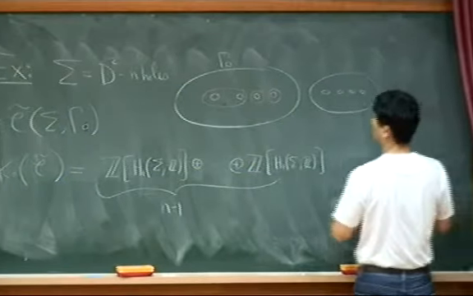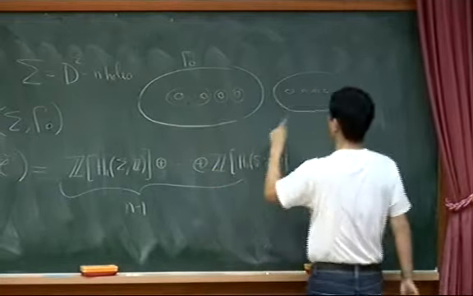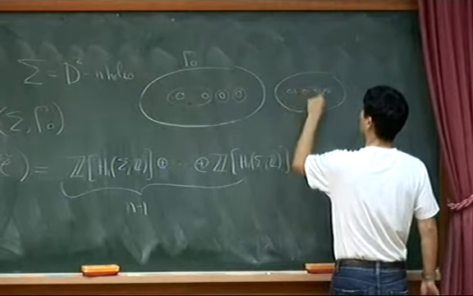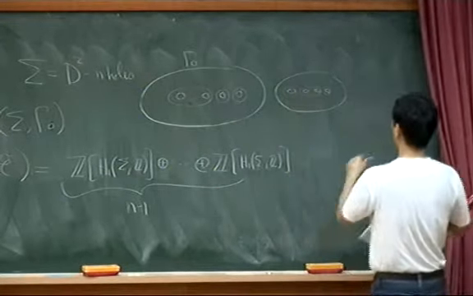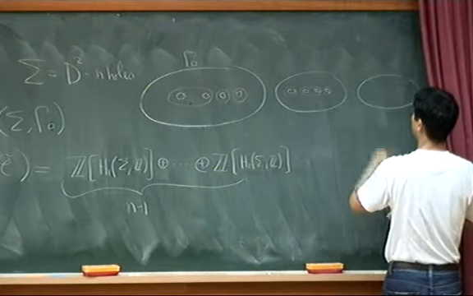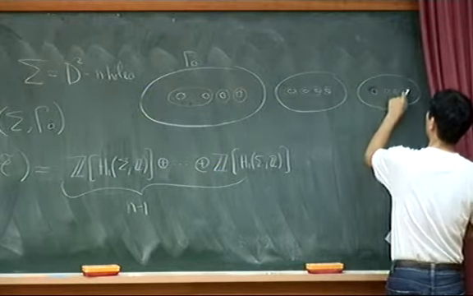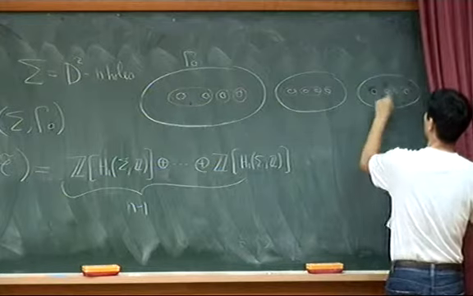You pick any two successive ones and draw a circle around it. So I draw a circle like this. This is the second generator. And if you only have 4 holes, 1, 2, 3, 4, and this is the third generator.